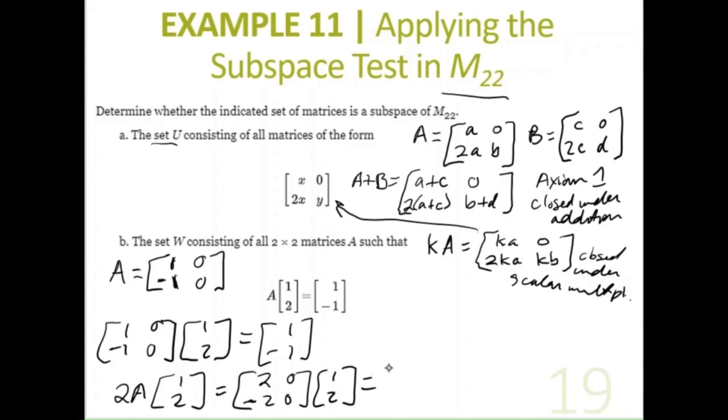That is going to equal 2, negative 2. So this one is not going to fit the bill, because under scalar multiplication, where we took 2A, it's not going to fulfill this form. So we would say that this is not closed under scalar multiplication. So in this instance, the set W is not going to be a subspace.